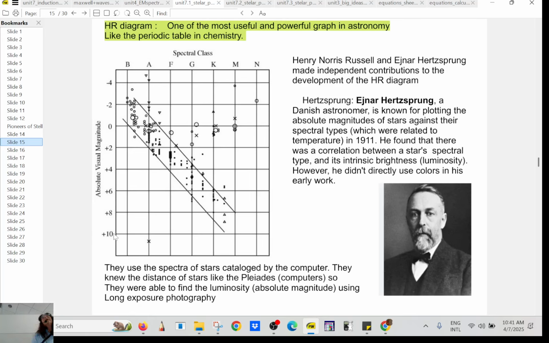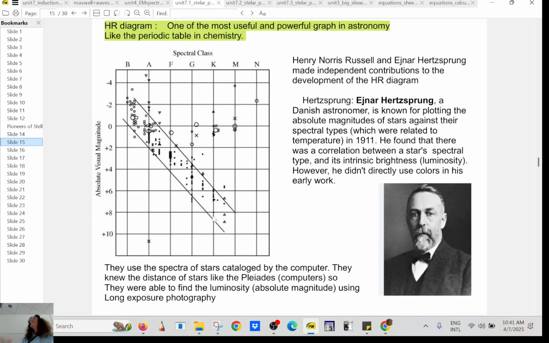We know why now. Big stars are squeezed more because of gravity, so they burn their fuel quicker. So of course they're more luminous, and that depends on the mass. And the red stars don't have much gravity, so they burn their fuel very, very slowly, and they live forever. So they're going to be here.